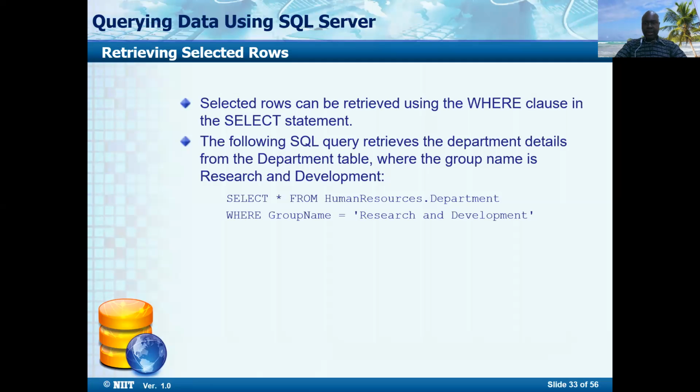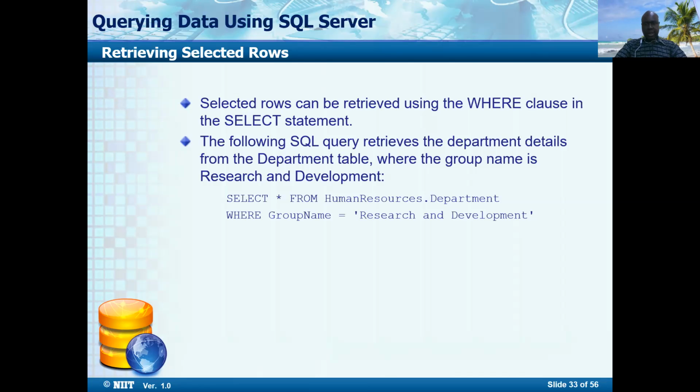And you do that using the where clause in the select statement. We did say that to specify the number of columns that are going to be part of the result set, you list the columns after the select keyword. To retrieve rows that meet the given set of conditions, you use the where clause.